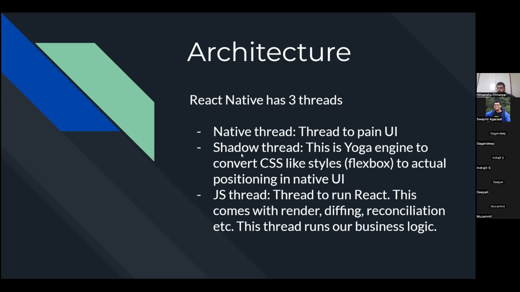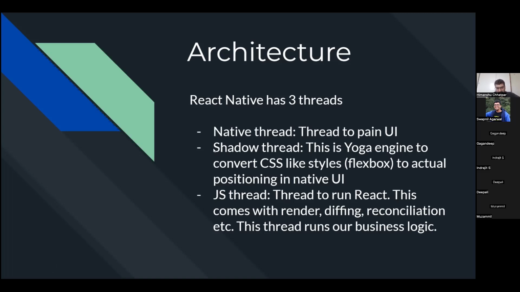What is the shadow thread? Like I said, we write code in Flexbox in React Native, right? You can see I add Flexbox, then I use position absolute or relative. But these are all web concepts, right? So you need someone to convert these web concepts into native concepts, what the native code understands, like where exactly should I position this element.